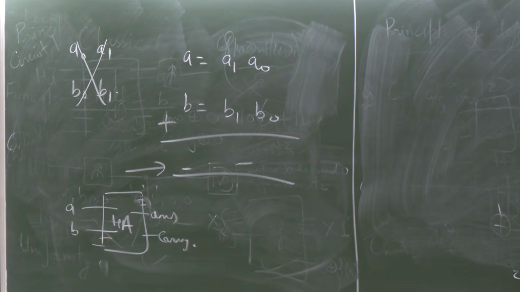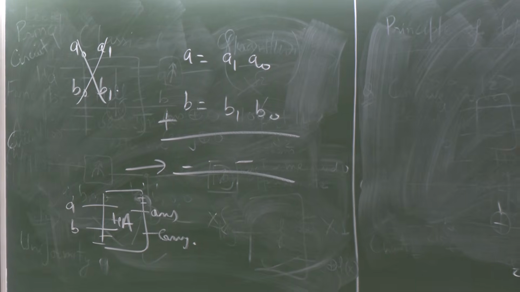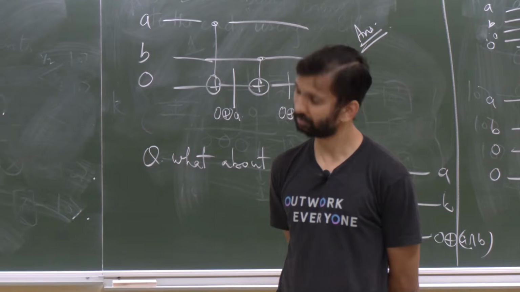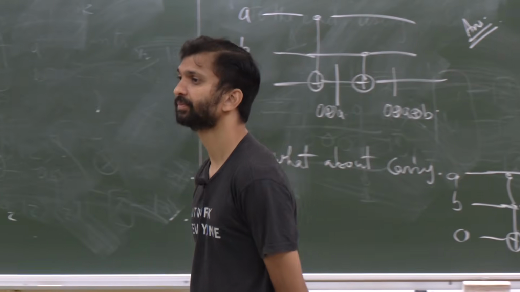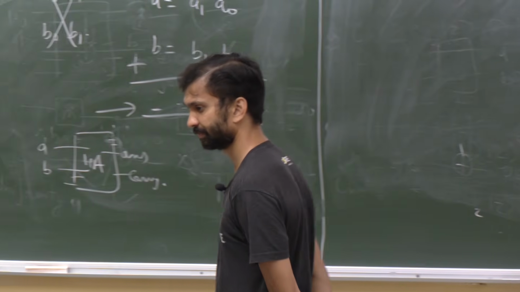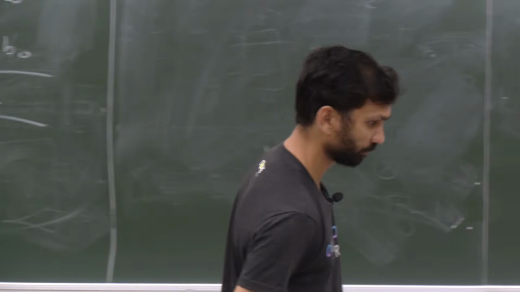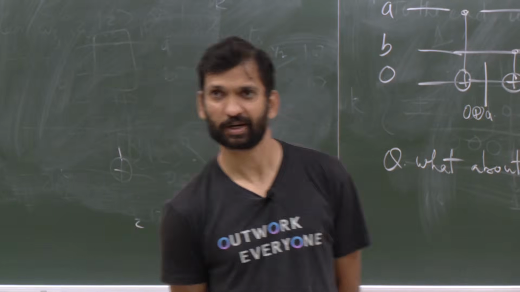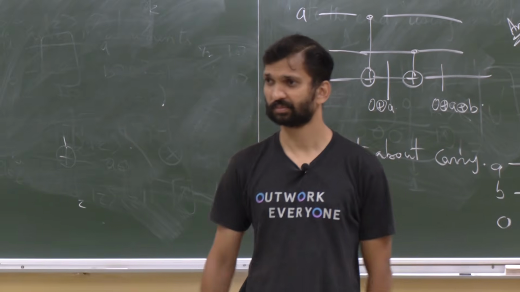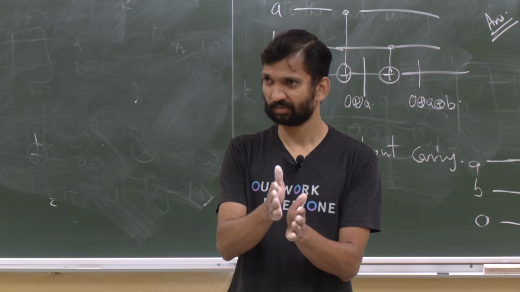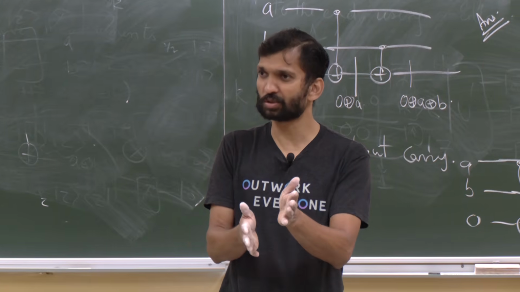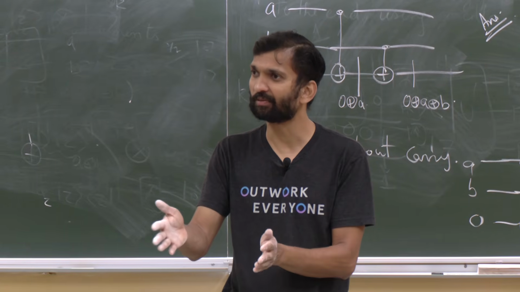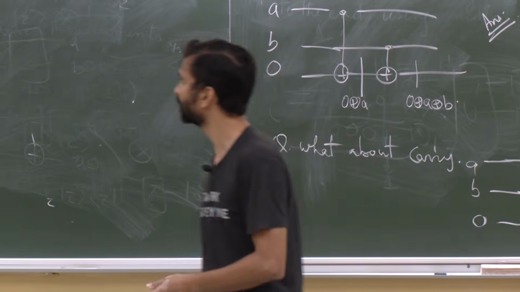Of which the first half adder will be applied to A1, the more significant bit, right? Your number is A1, A0. A1 is the more significant bit, A0 is the least significant bit. That's how I'm ordering it, right?